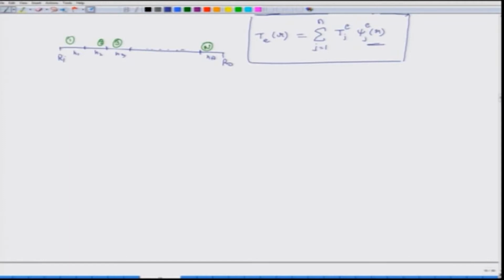Now, I can look at this Tj and psi j in a little different way also. Suppose I have an element, so let us say this is the eth element and its length is He.